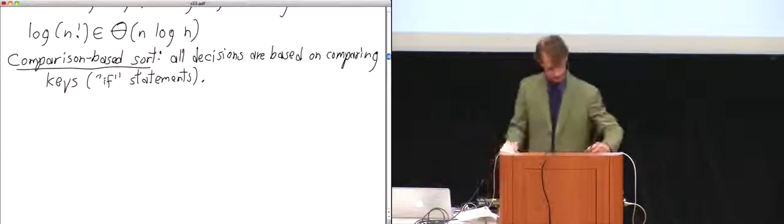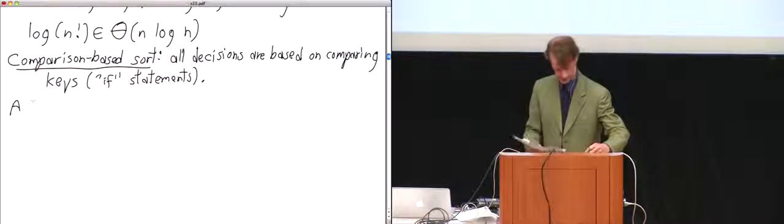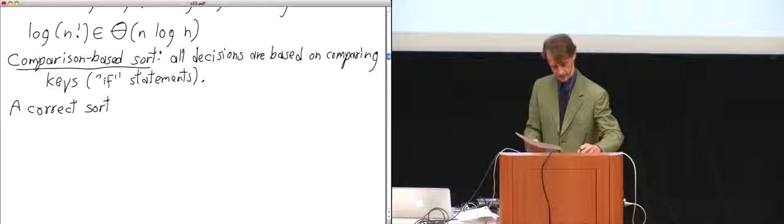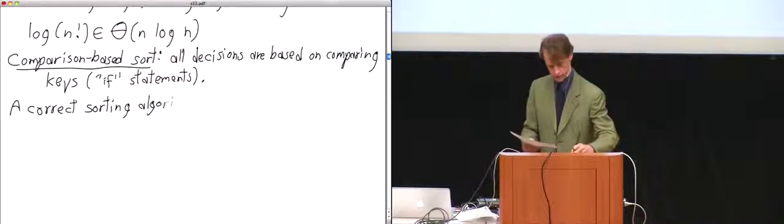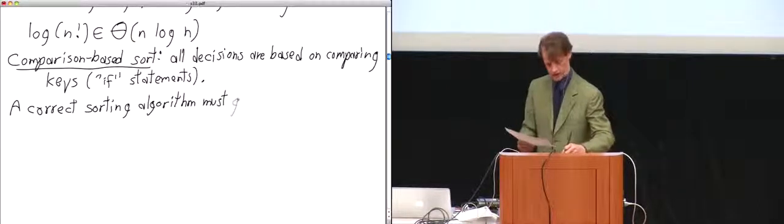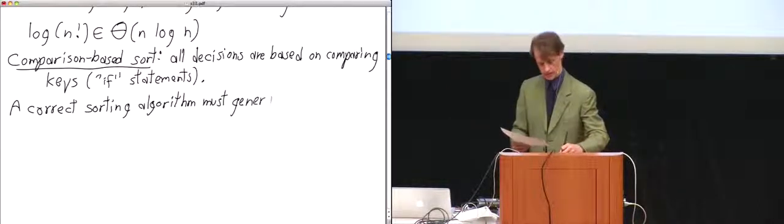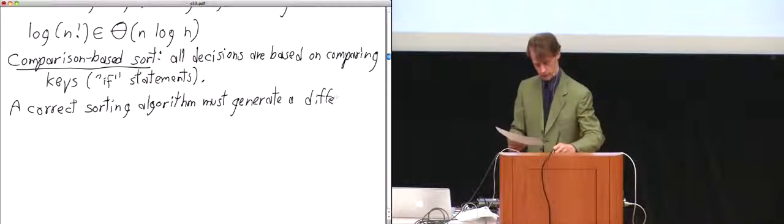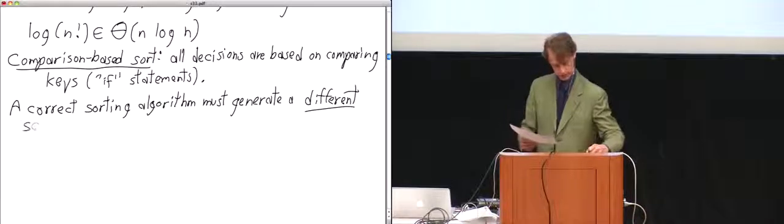That's the key point: if a sorting algorithm is correct and actually works on every possible permutation of the input numbers, then it must generate a different sequence of true-false answers for each possible permutation.